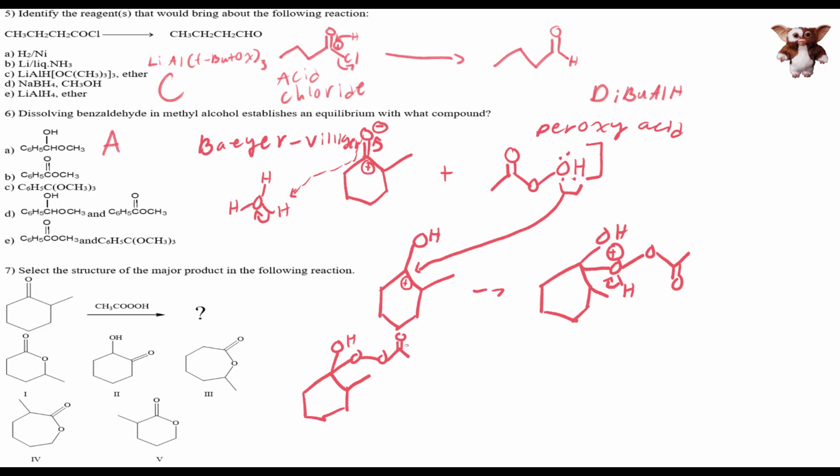So what do we do now? Well, notice that we had a water right here, right? Since the hydronium deprotonated to become water, this water is going to attack the hydrogen that was left, forming the acid again.